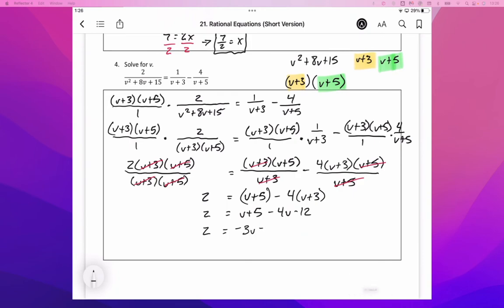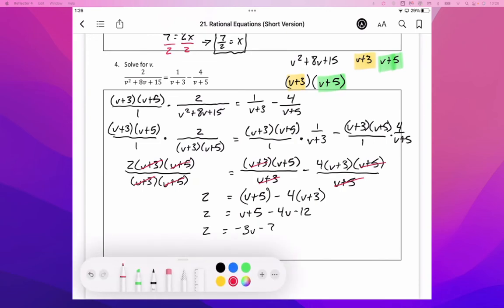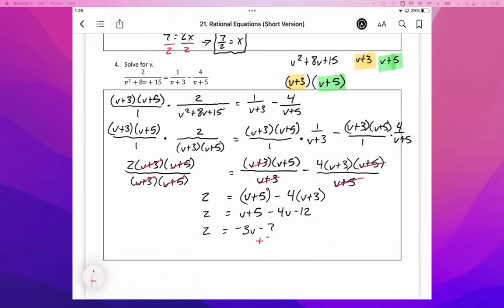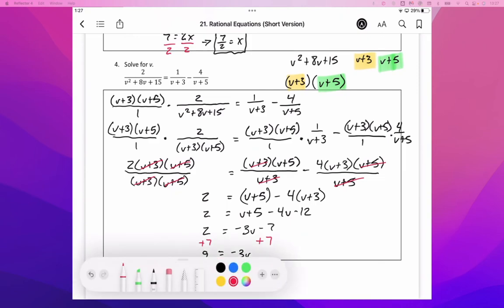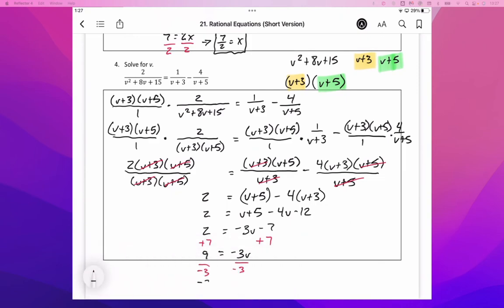Positive 5 and negative 12 makes negative 7. And so we've got to add 7. It gives us 9 is equal to negative 3v. We divide by negative 3, and we get negative 3 is equal to v.